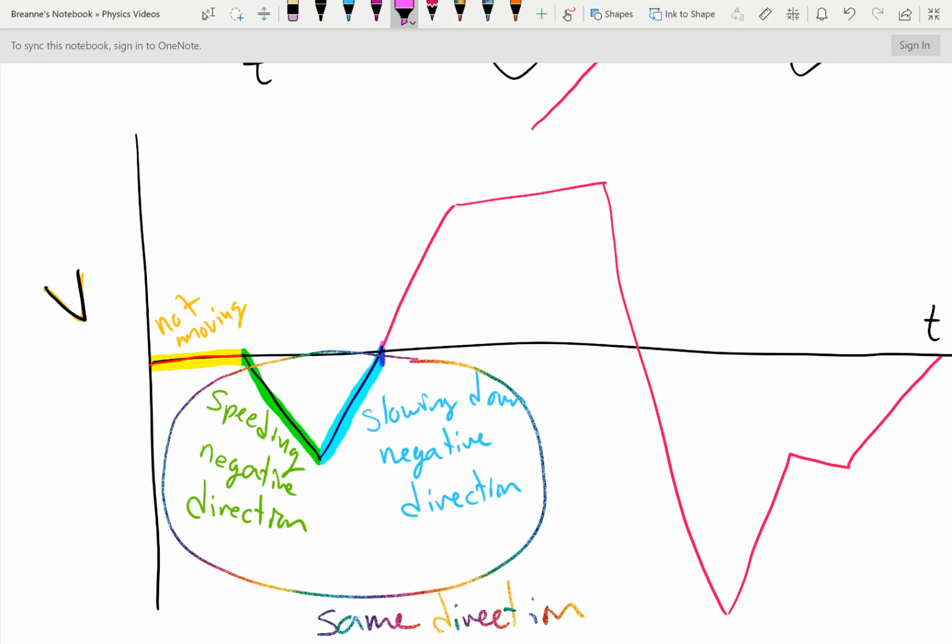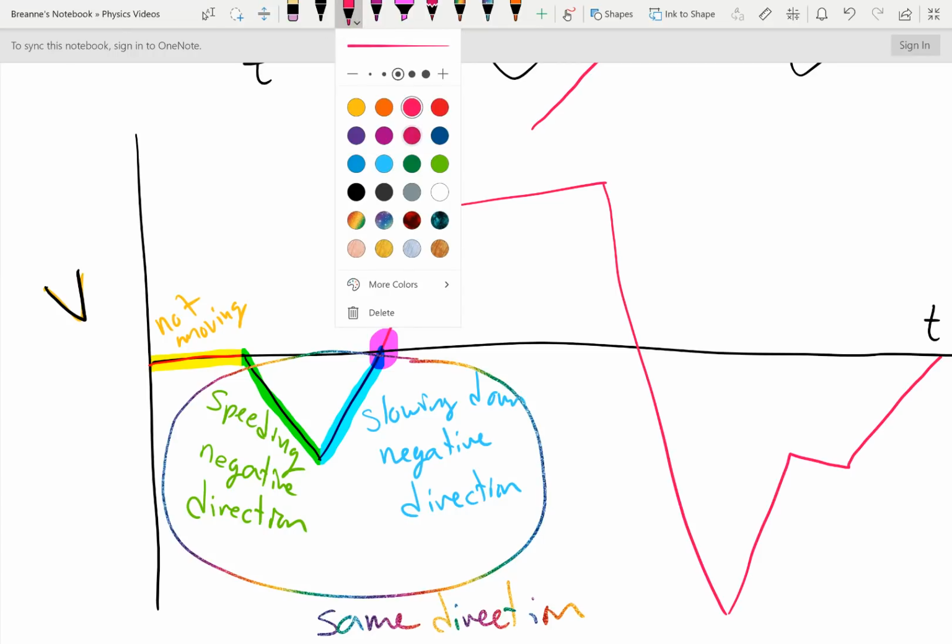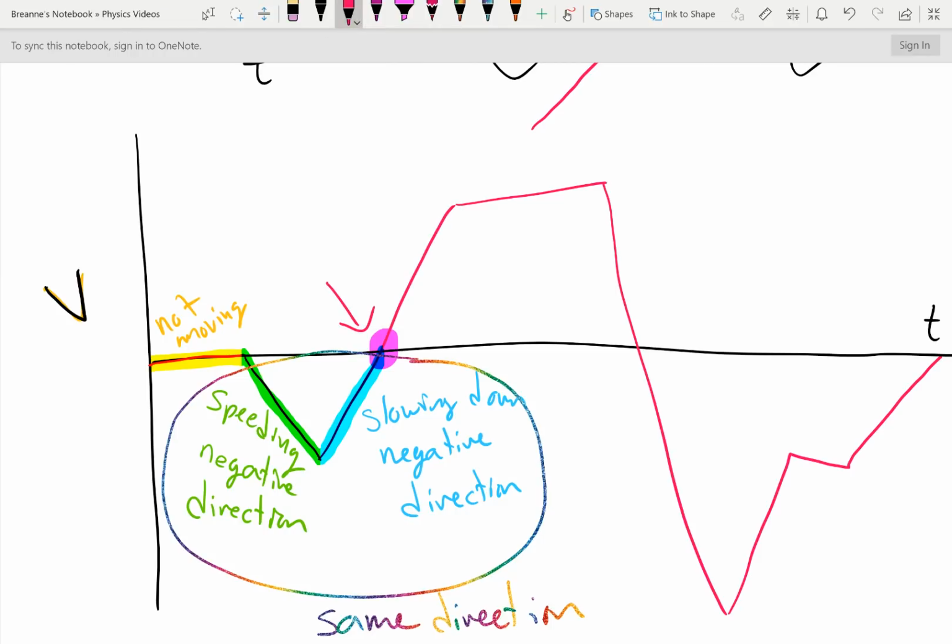Right here, that spot right there, you have turned around. So you were going in the negative direction. So you were going left. Now you've turned around. Now you're going right.